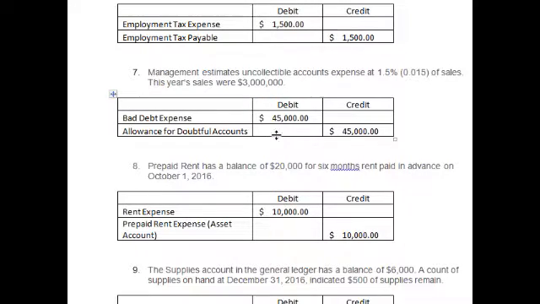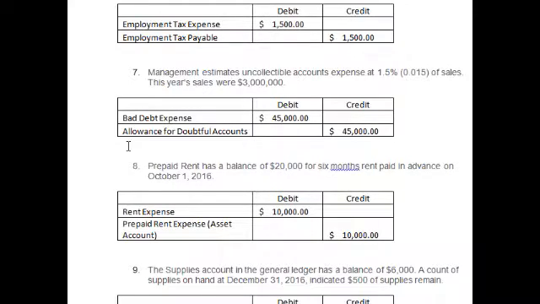So to record it, we increase that expense. This will be a type of expense that's going to reduce your revenue. And at the same time, we are using this special account called allowance for doubtful accounts.